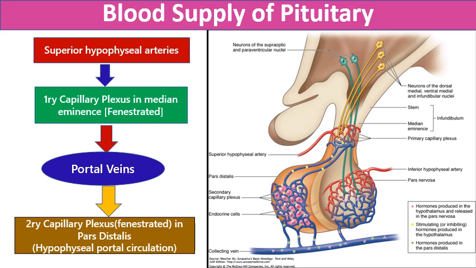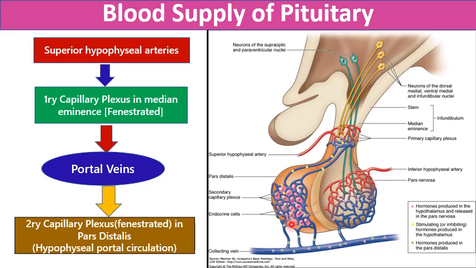Another diagram for the blood supply of the pituitary gland. We have the superior hypophyseal arteries, which are in the median eminence, supply the infundibulum, and give a branch forming the primary capillary plexus, which are fenestrated capillaries, which rejoin again, forming portal veins.